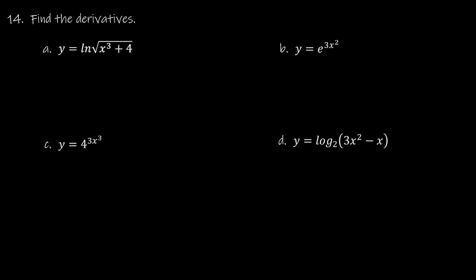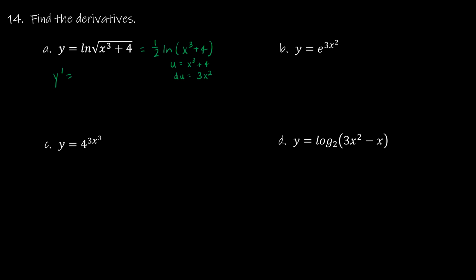Let's find some derivatives now using transcendental functions. So for my very first one, before I even try to find the derivative, I would rewrite this as 1/2 natural log of x cubed plus 4. It's going to make it a lot easier. So now if I'm finding the derivative, 1/2 natural log of x cubed plus 4 tells me let's make u x cubed plus 4. du is going to be 3x squared.